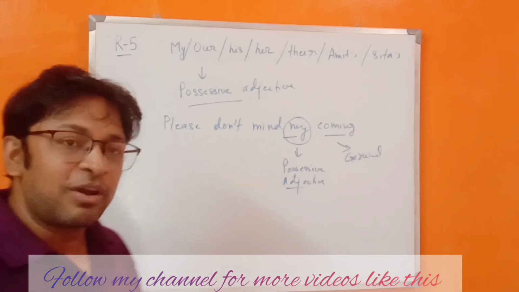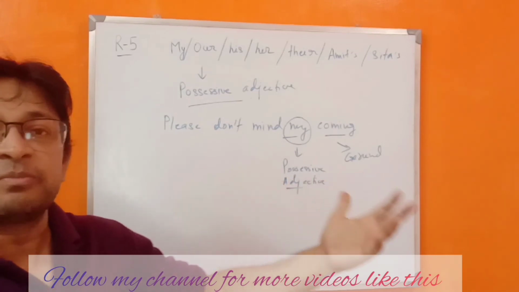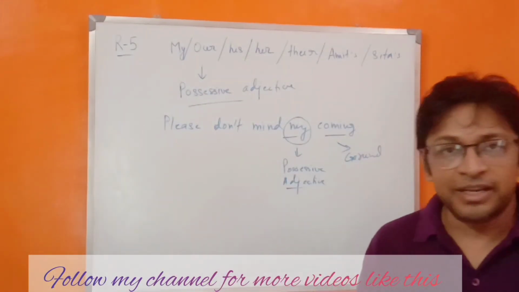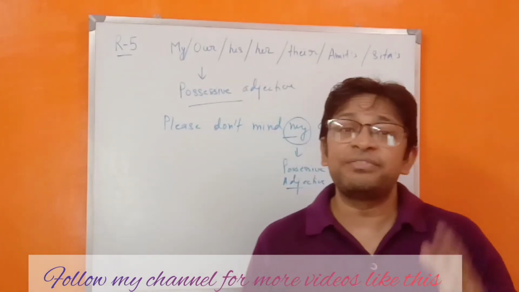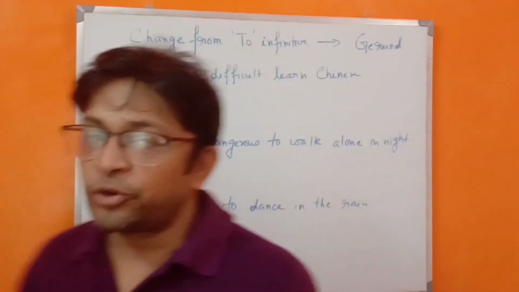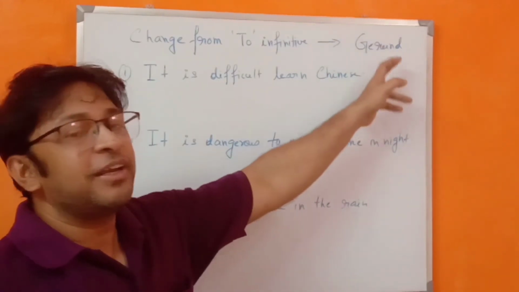All these rules you have to remember, how the gerund is placed in a sentence and how to do these things correctly. Now I will be showing you some examples of how we change the to infinitive into a gerund.